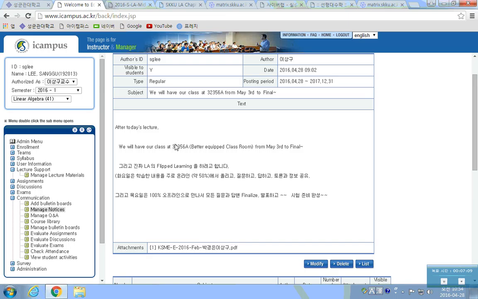And we will meet in this new classroom, which is better equipped. The room number is 332 356A, from next week. And also, we will cover the contents of linear algebra in flipped learning and self-oriented lectures. Okay.